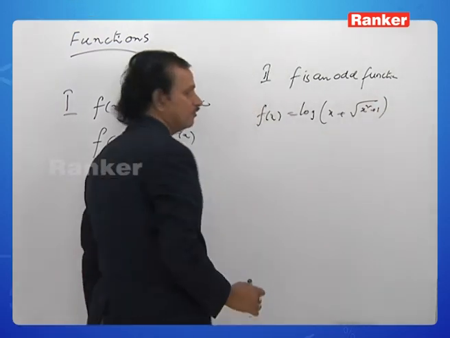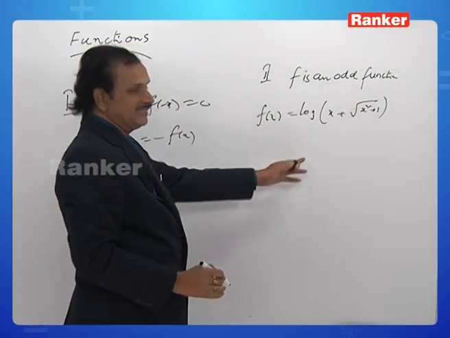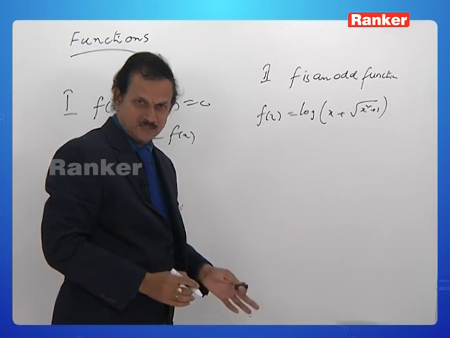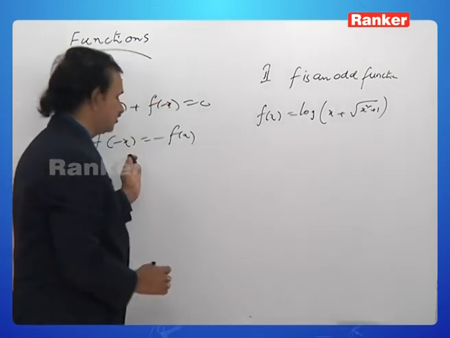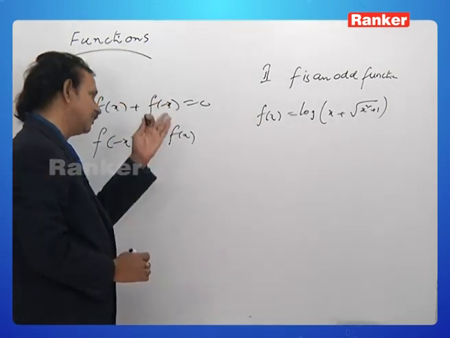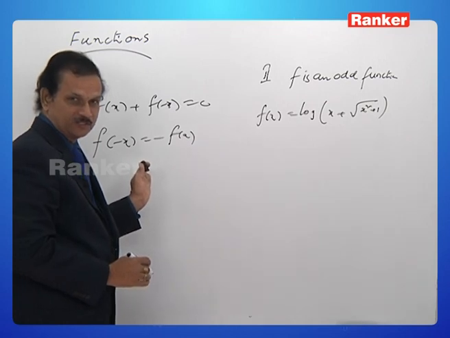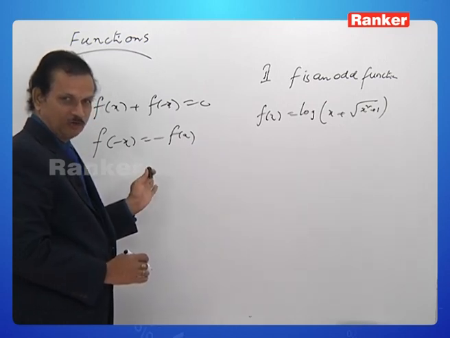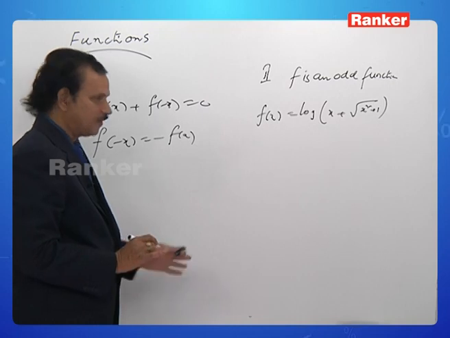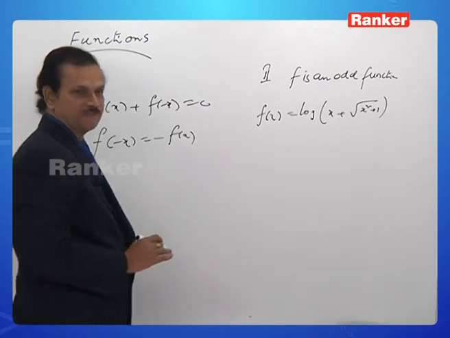If this happens to be an odd function really, then the second statement would be correct. And this is of course the straight explanation of being an odd function. Therefore, it is necessary first of all to check whether f is an odd function or not.